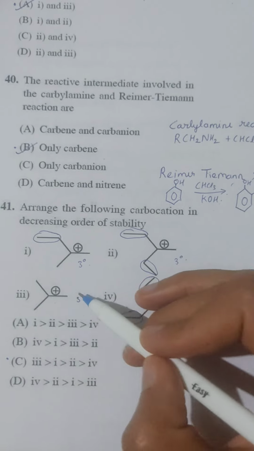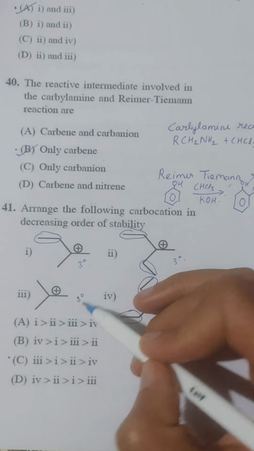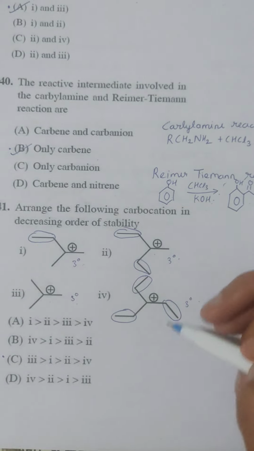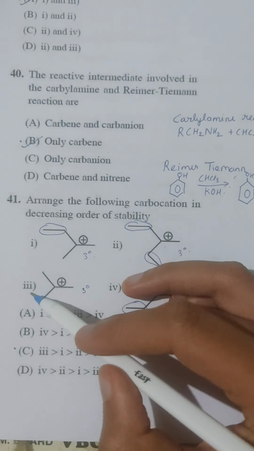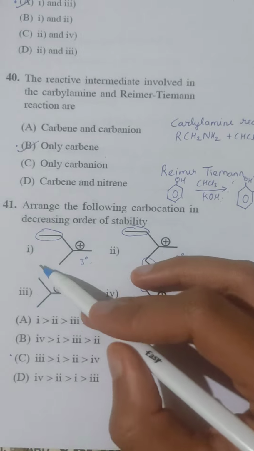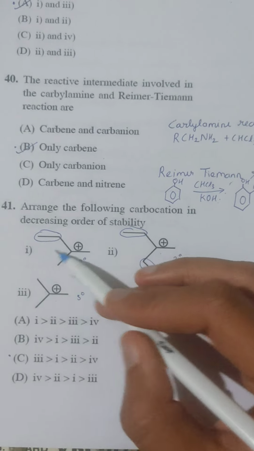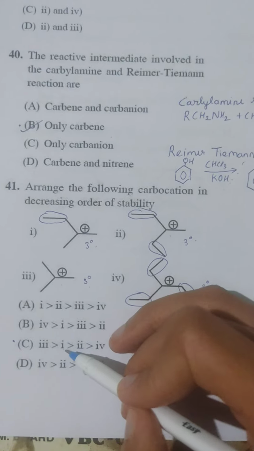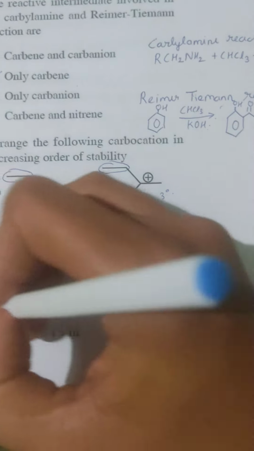So this will have the least stability, whereas this will have comparatively more, and this will have the most. So it should go in the sequence: 3 has less stability, followed by 1, 2 and 4.